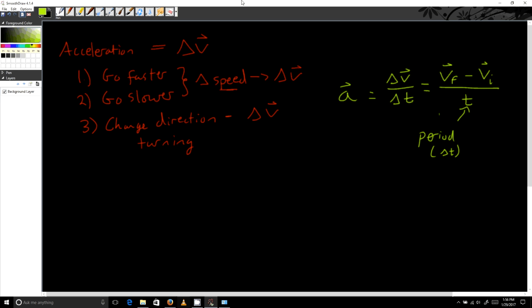Okay, so let's actually look at what units we would need for acceleration before I go and do a couple of examples here. Now, because acceleration is a change in velocity over a period of time, I need units of velocity on top and units of time on the bottom.